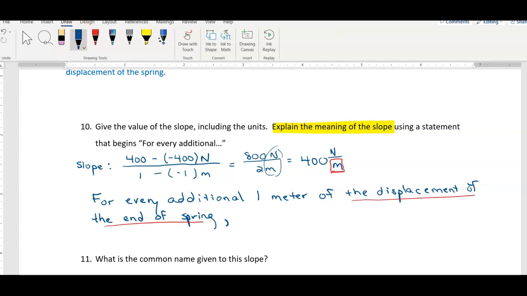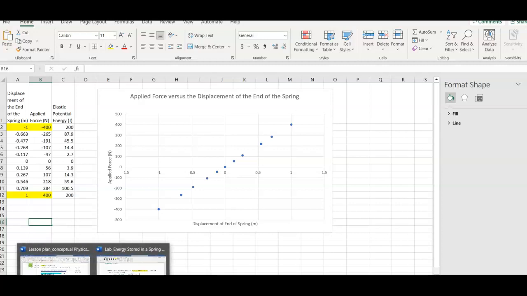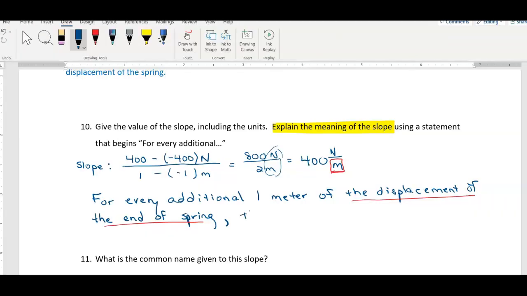now I want to say, well, what's happening to this dependent variable, the thing on the y-axis? That's the applied force. The applied force, in this case it increased, right? Increases by 400 newtons. Okay.